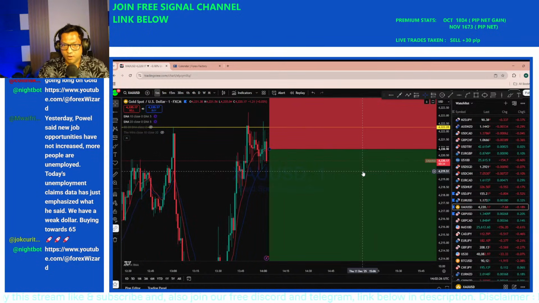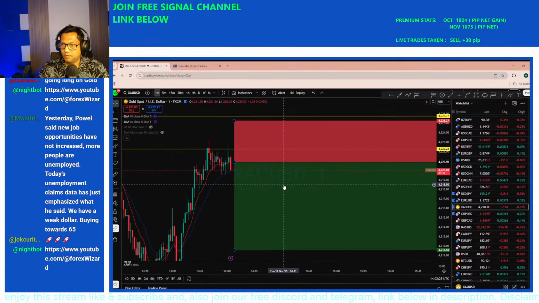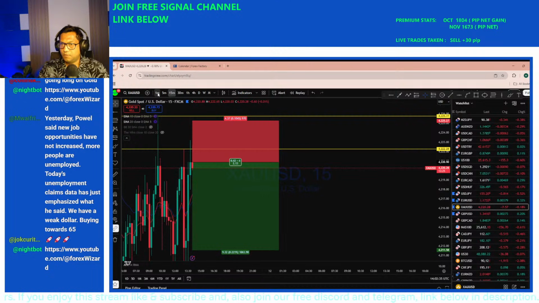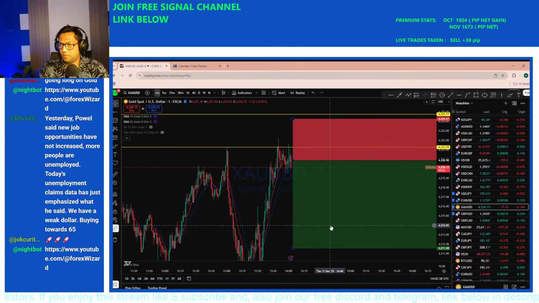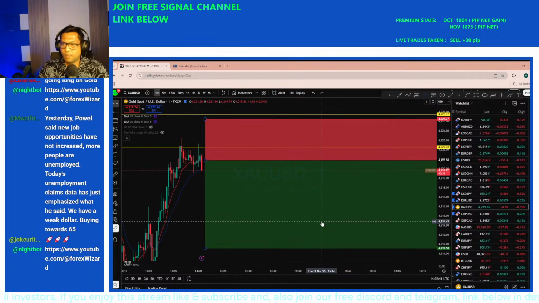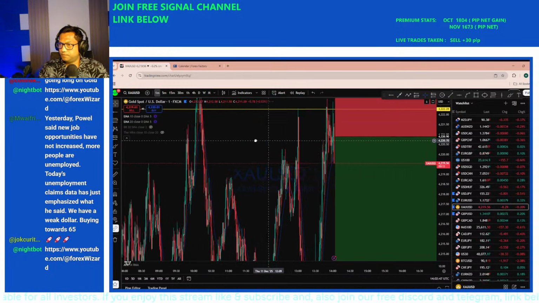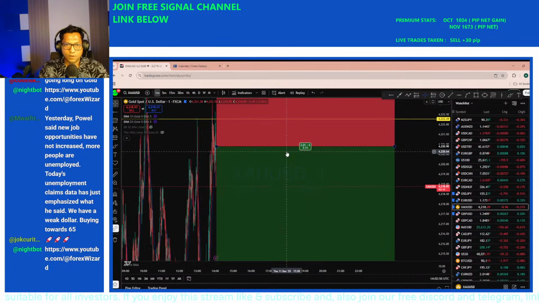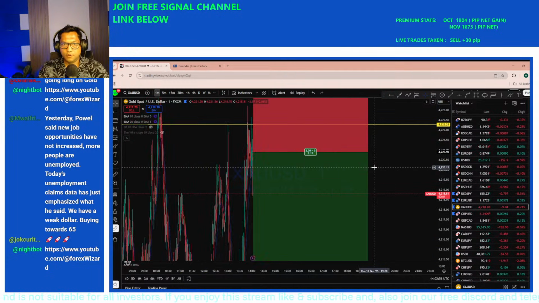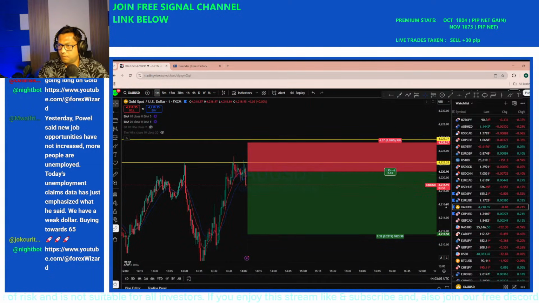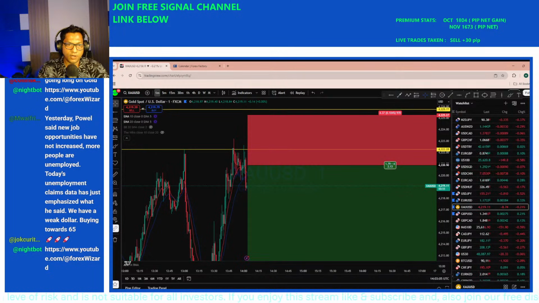Okay, still running in, and okay, so it's still running in here, and with this trade I'm closing it now at this level, as there is a break below.